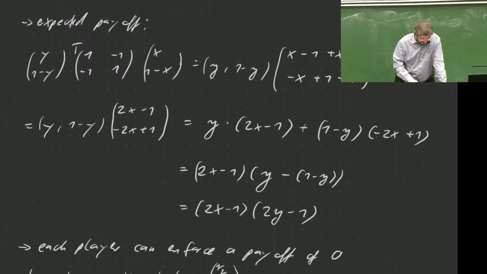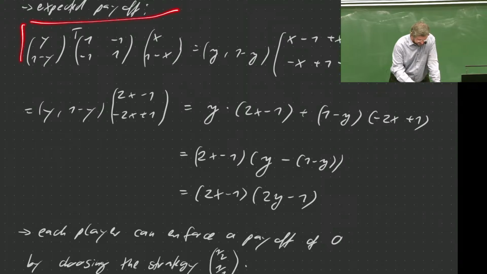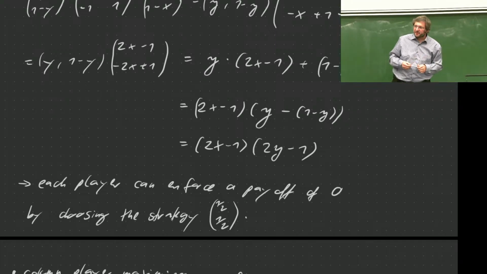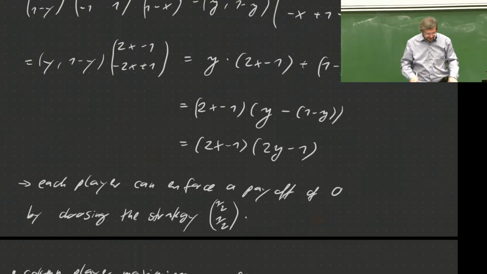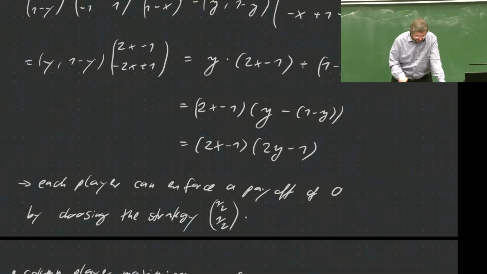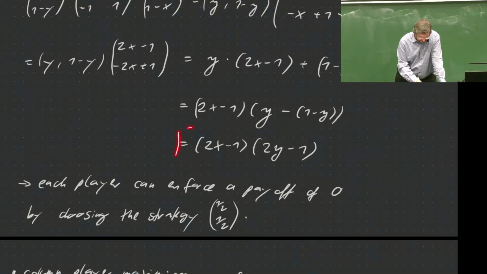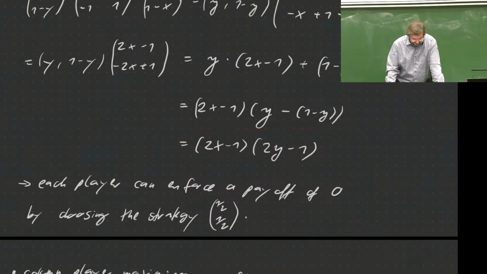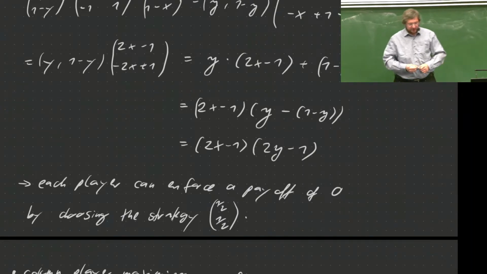And then basically we can compute the expected payoff and see if we can infer something about the optimal strategies for both row and column player from that. And if we do this, we get to this point here, so that is the expected payoff for those general choices of strategies. So what is the optimal strategy?